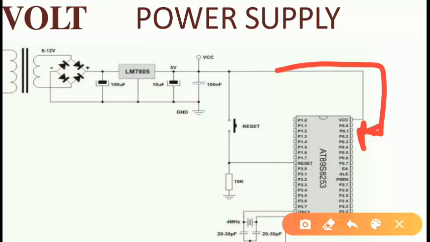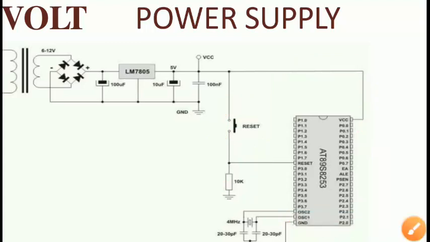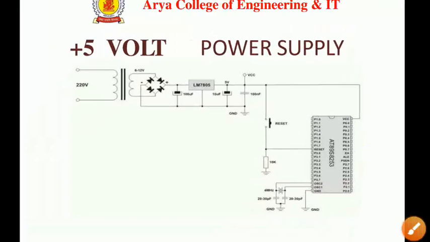This supply is connected to the VCC, and another is connected to the reset pin with a reset button. So we have two connections of VCC. First one is pin number 40, which is VCC, and second one is for the reset button. So this is the interfacing of 5 volt power supply with microcontroller.